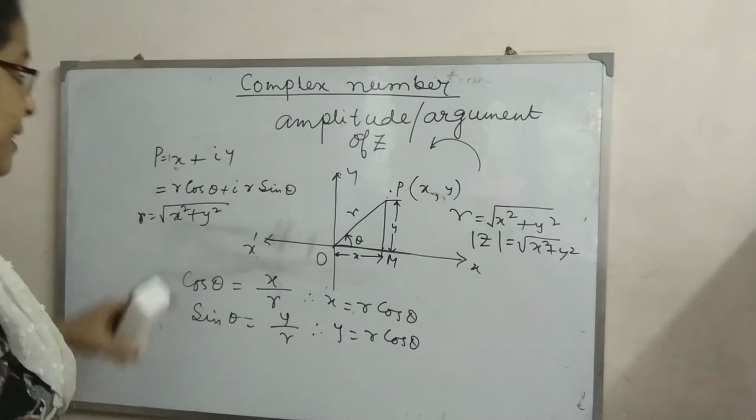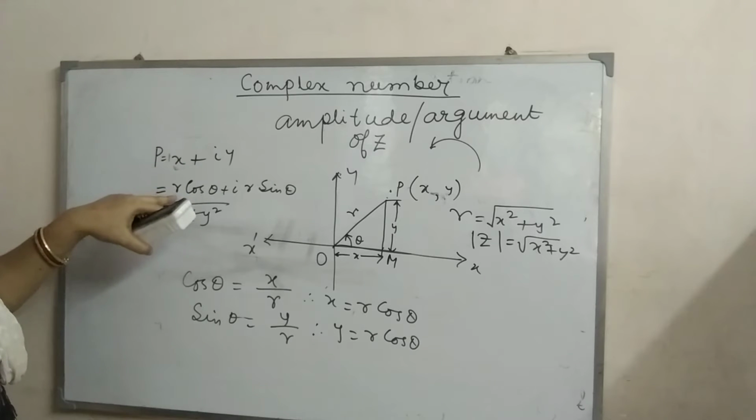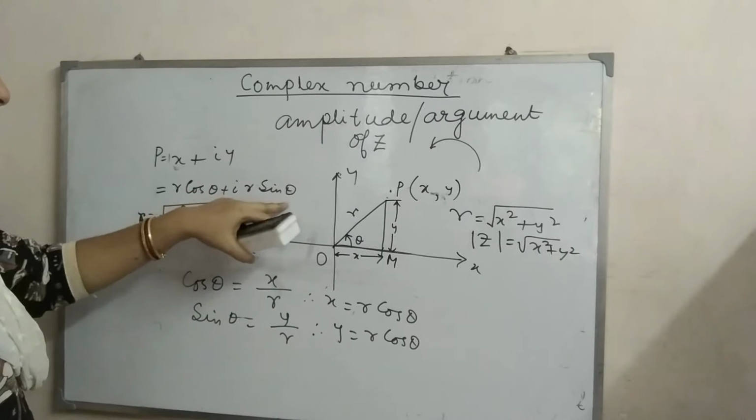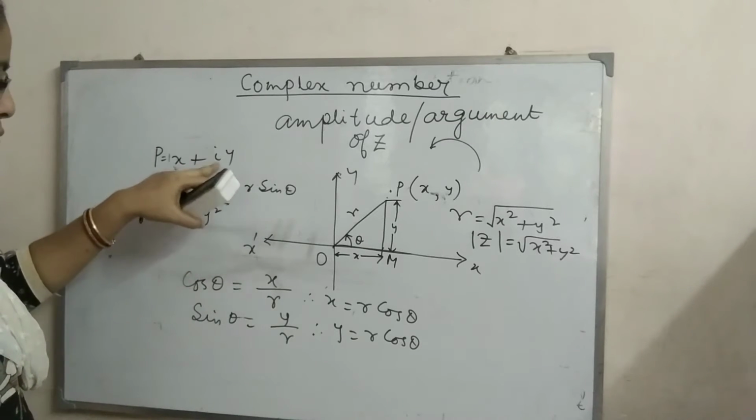So I can write, if P equal to x plus iy, for x I will write r cos theta, and for y I will write r sin theta, and this iota is for i.